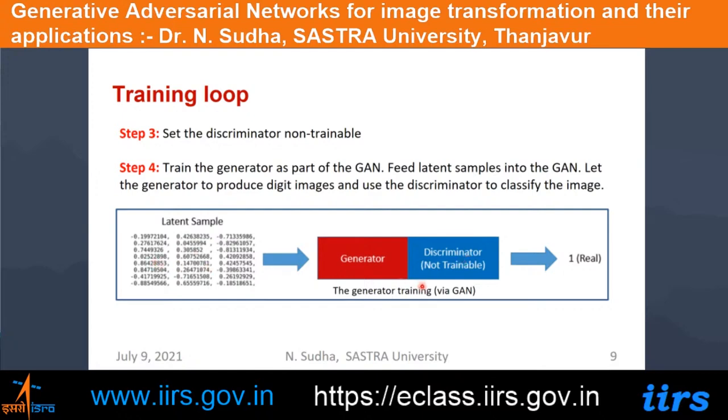Feed the latent input, that means latent samples, that is a noise sample, and you set the expected output to be 1, and your training is nothing but backpropagating the error. The normal error backpropagation algorithm is applied for that. So these 4 steps are repeated. That means for one iteration, the discriminator is trained, and in the other iteration, the generator is trained. That's how it goes on.